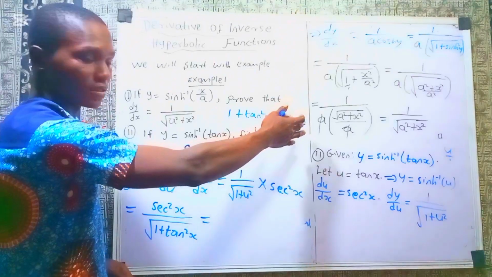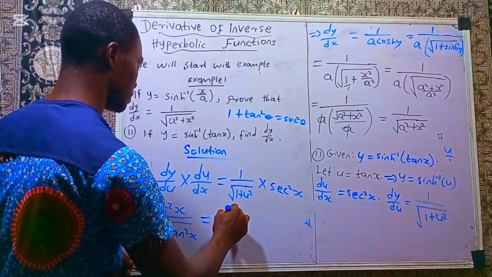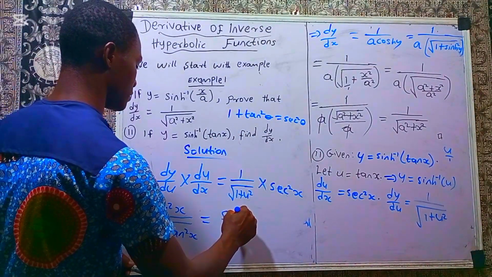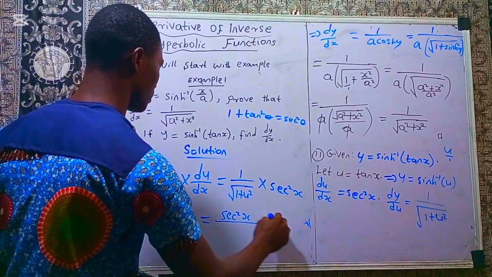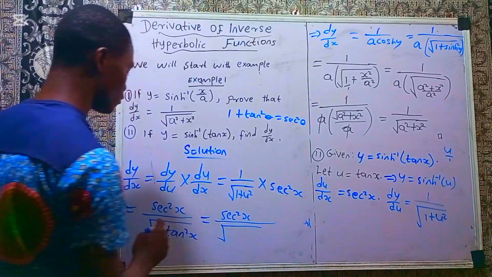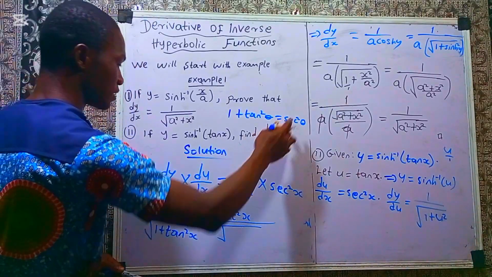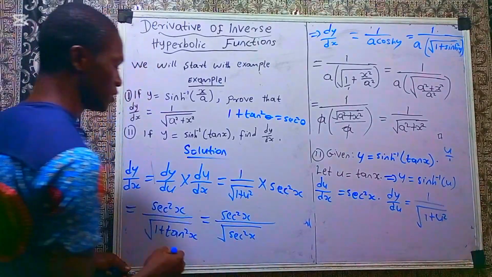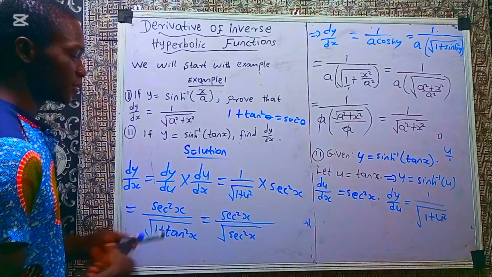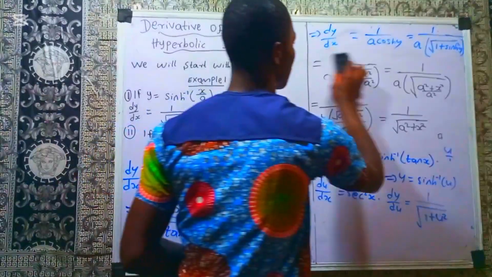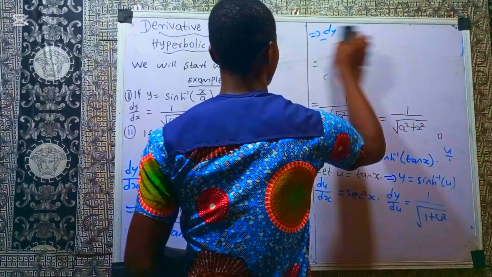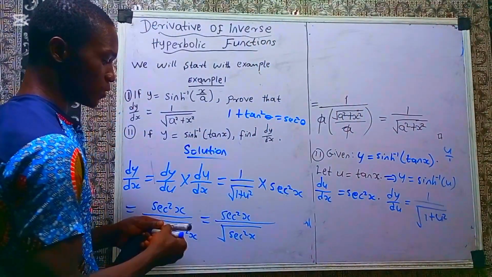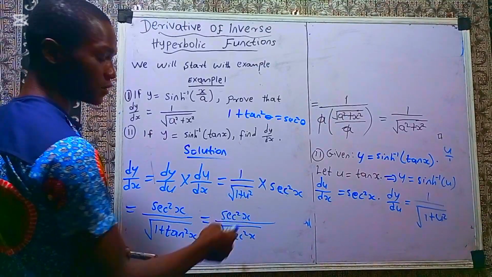Sec squared x. So this will be sec squared x, the one we have at the numerator, over square root of, and this 1 plus tan squared x is same thing as sec squared x. So what will happen if you take square root of square? Square root of square will cancel, right?